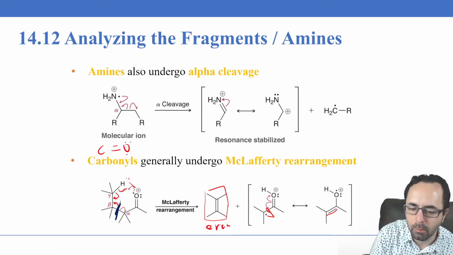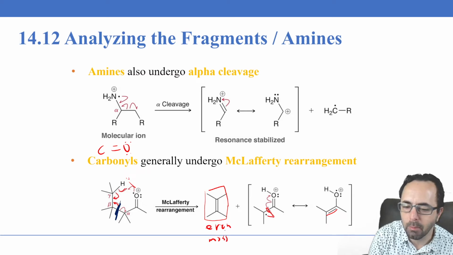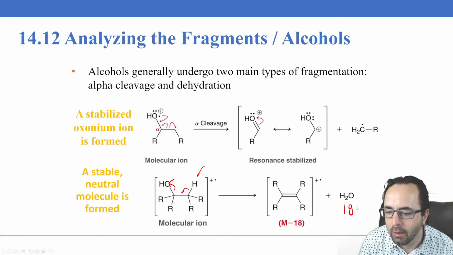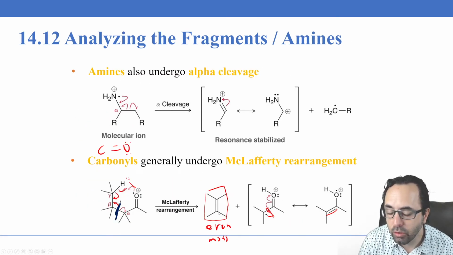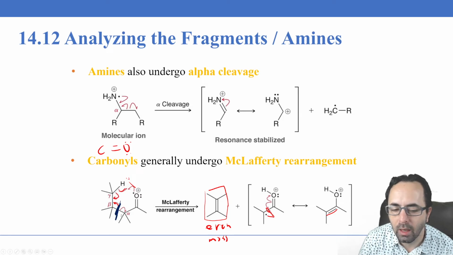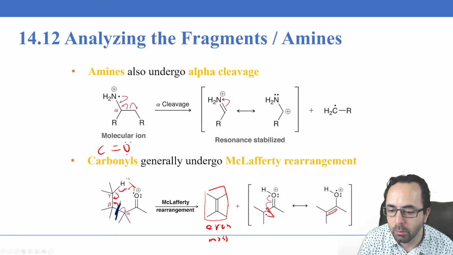So this is kind of like the M-18 for the alcohol right here. You're losing an even mass, but you're going to lose a larger even mass. And so that's something to look out for. Especially you'll look out for it if your IR spectrum that goes along with the mass spec indicates that you have a carbonyl. You should be looking for this McLafferty rearrangement.